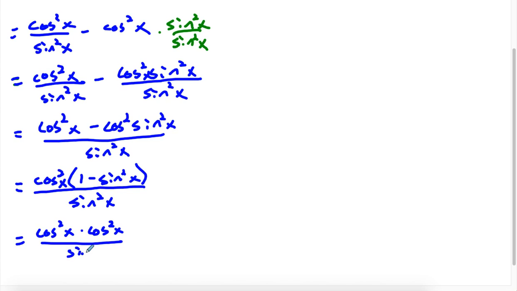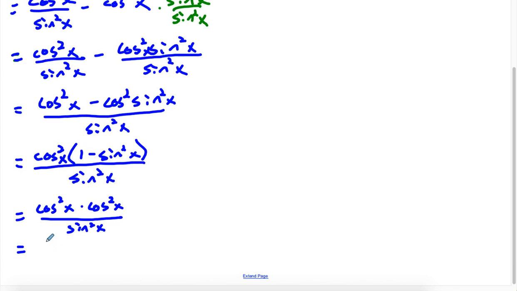Well, cosine squared times cosine squared would just be cosine to the 4th over sine squared. And 1 over sine squared would be cosecant squared.